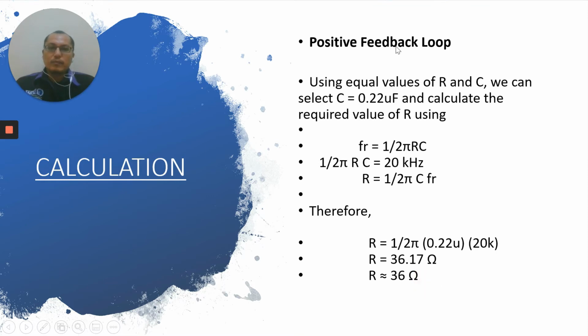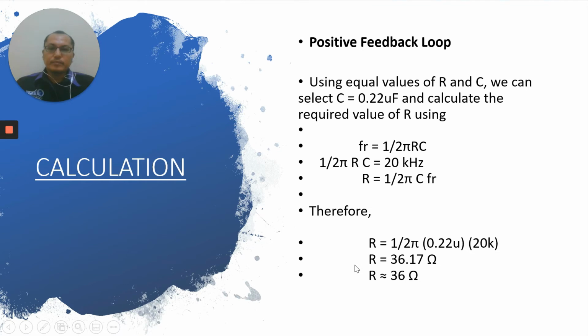For the positive feedback loop, by using equal values of R and C, we select C equal to 0.22 microfarads and calculate the required value of R using the formula 1 over 2 pi RC. We substitute the value of C and the resonance frequency, and we get R equal to 36 ohm.